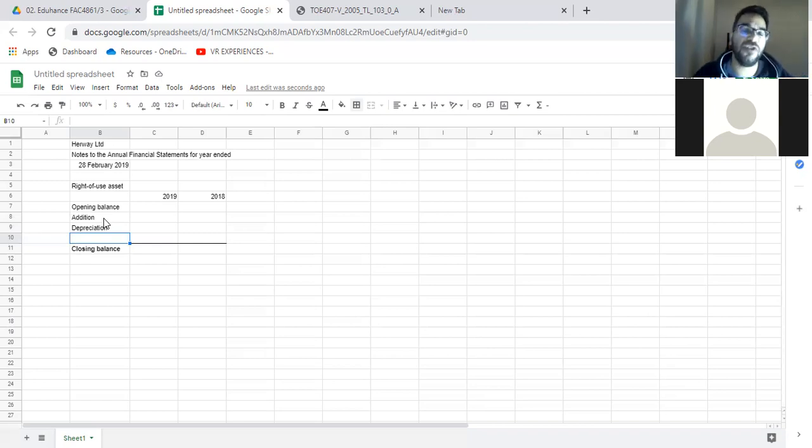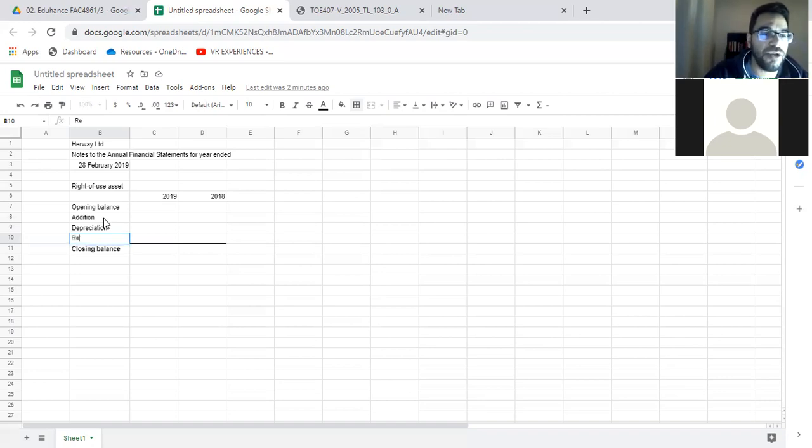So that 345 will also impact the right of use asset. We debit lease liability 345, and the credit goes against the right of use asset. Now remember, a credit against an asset is a reduction in the asset. So just take note of that.